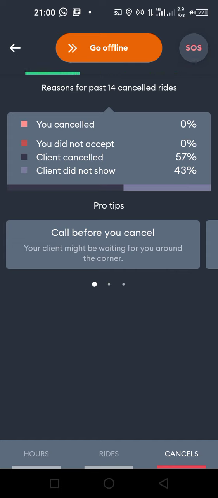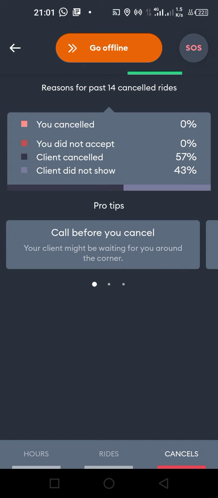Reason for the past 14 cancelled rides: there is a new account, so the driver hasn't picked a lot of people. That is why it is being shown. When you check the past 3 months, the account was opened in July, and the driver has only picked 40 passengers, and out of that 40, 14 were cancelled.